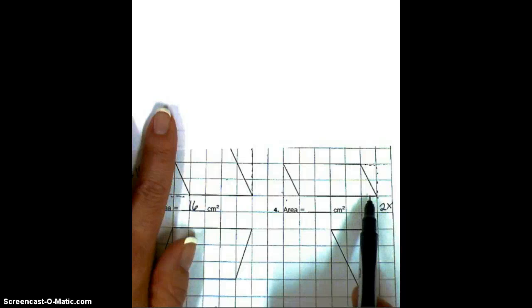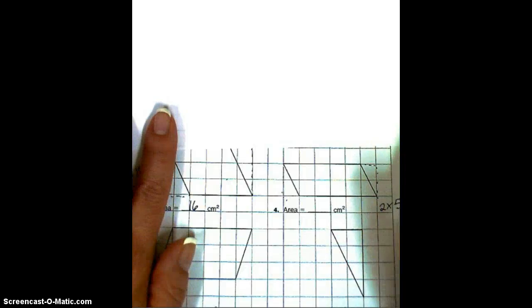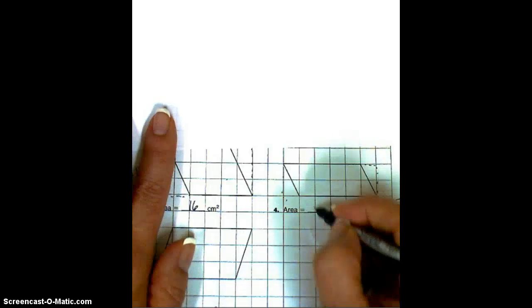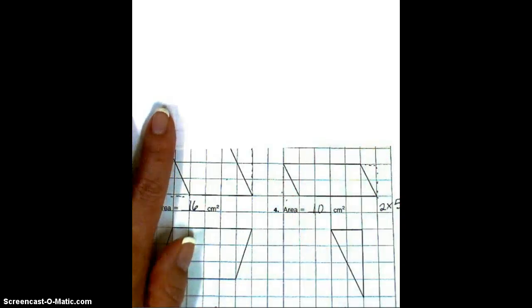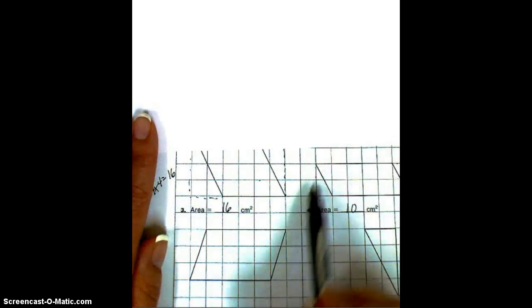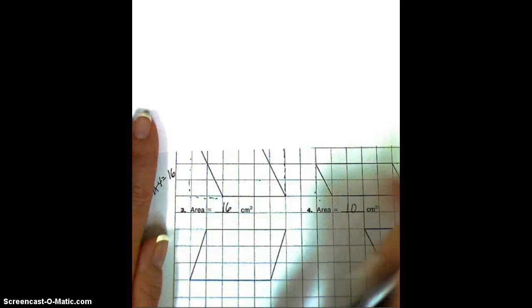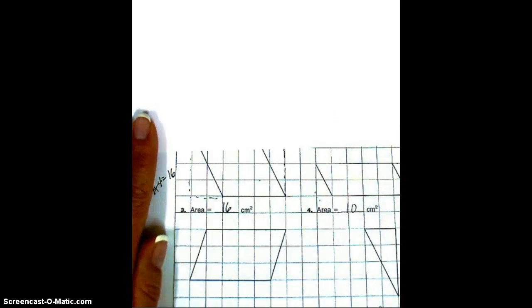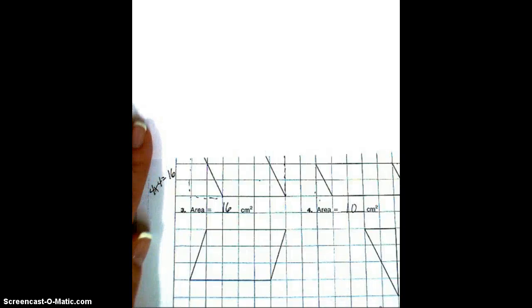Our base is 5. 2 times 5 is 10. So our area is 10. And if you look at it as a triangle, you can see that this piece is the same as that piece. So if we could just shove it over a little bit, we would make a whole rectangle.